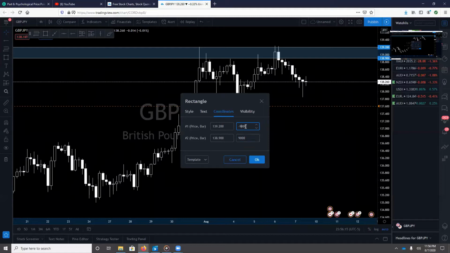And also right here, what I do, this right here is going to be the left side. So I just put like negative 9,000, so that way it goes back far. I don't know how far it goes back, but it goes back pretty far, so that way I can see if this area was an area where price has reacted before in the past.